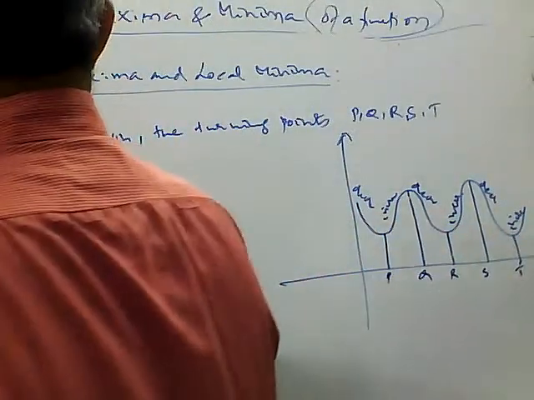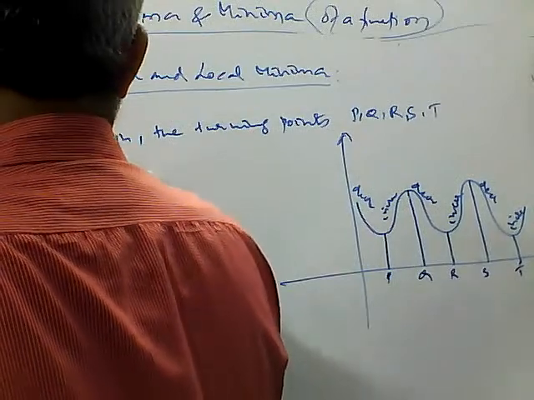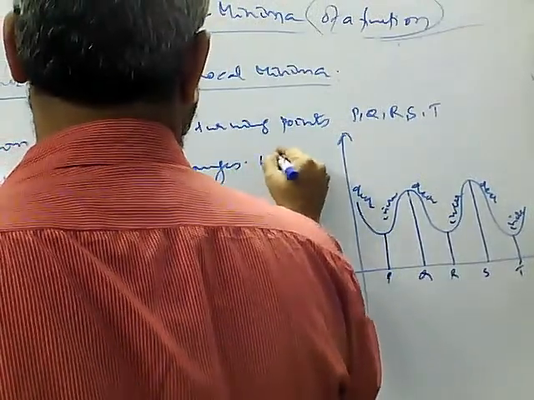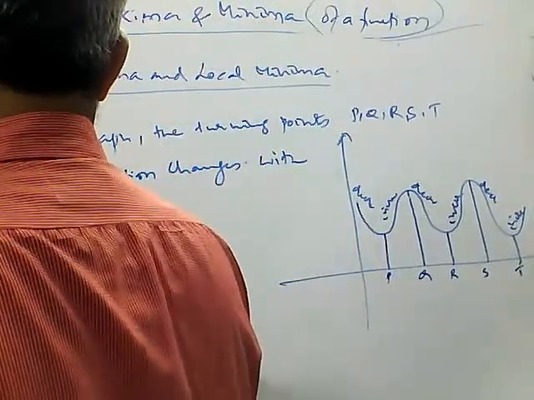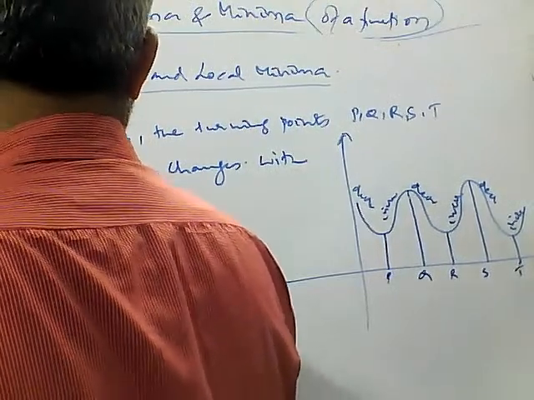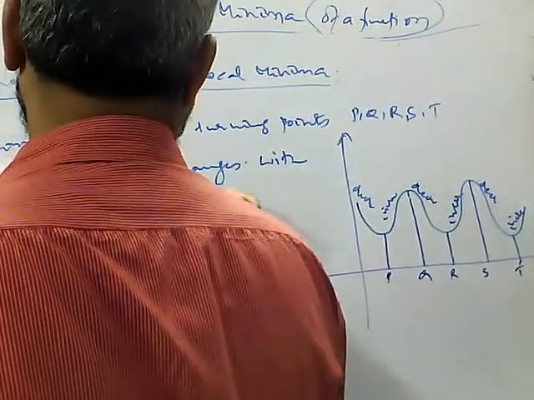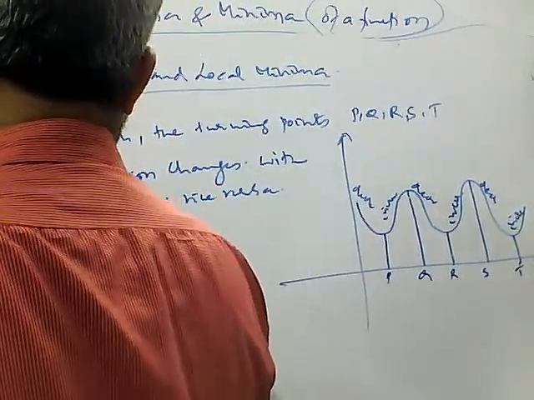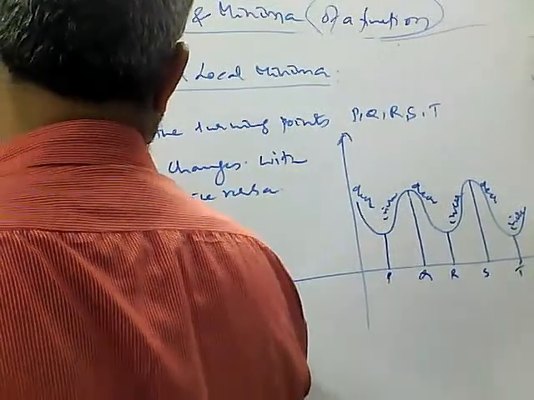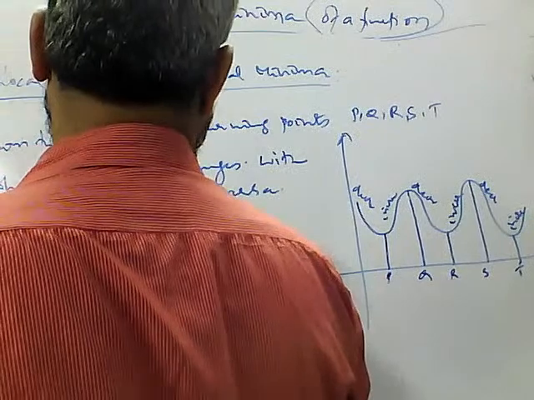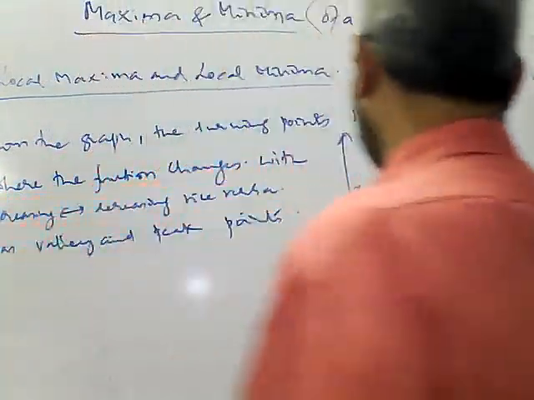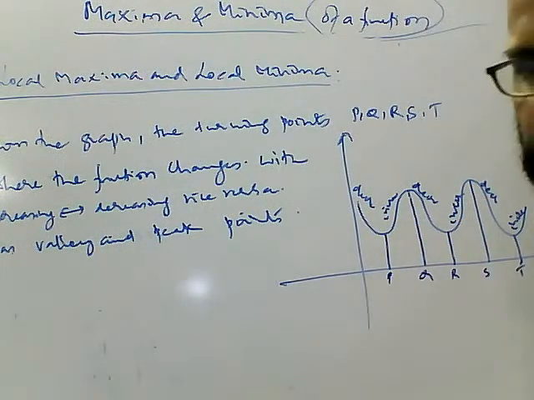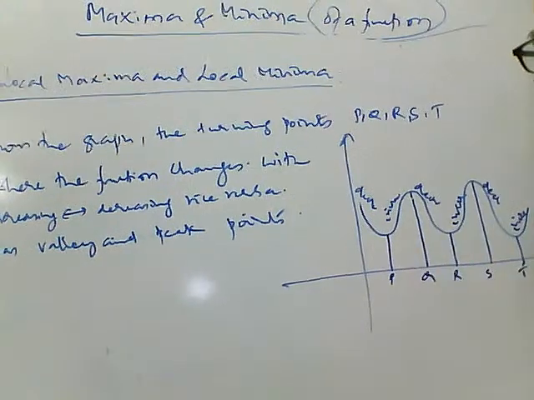Where the function changes from increasing to decreasing or vice versa, it has valley and peak points. So this is the valley point and this is the peak point. Again valley point, peak point, valley point, peak point. Like crest and trough in physics, you'll use it too. Okay, right?